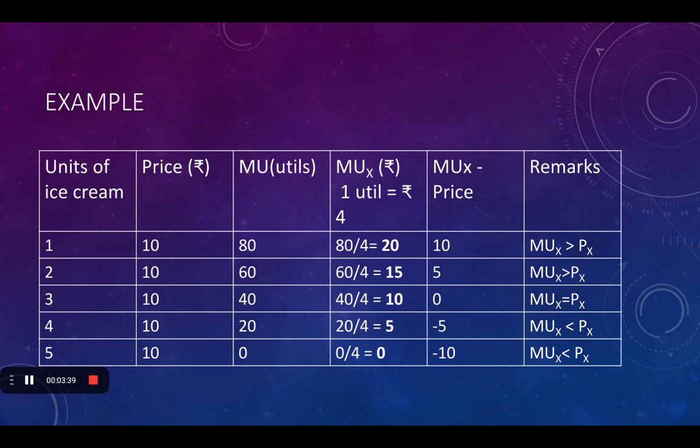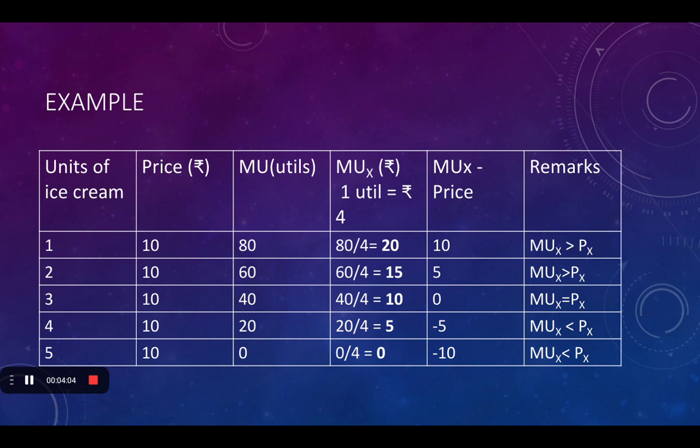Then, when we are consuming 1 unit of ice cream, the price is 10 rupees. Marginal utility in terms of utils is 80 utils. So, MU in terms of money will be 80 divided by 4, that is 20 rupees.